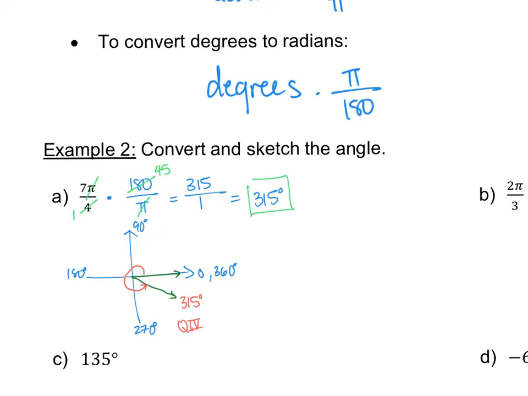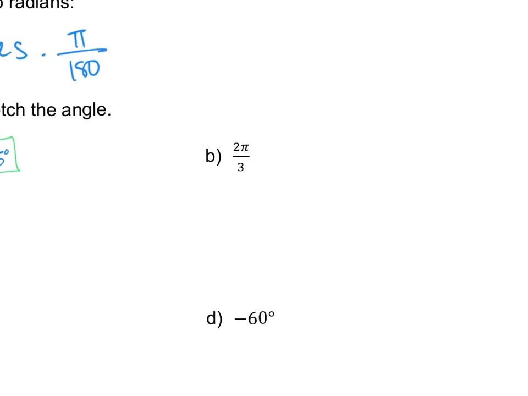All right, so let's try another one here in radians. This one has 2 pi over 3. Again, you need to make sure you multiply by the correct proportion. So pi is going to be in the denominator since you want to cancel out that pi. And 180 is going to be on top because 180 and pi are equivalent to each other. From here, we're going to cross multiply, or in this case, cross cancel.